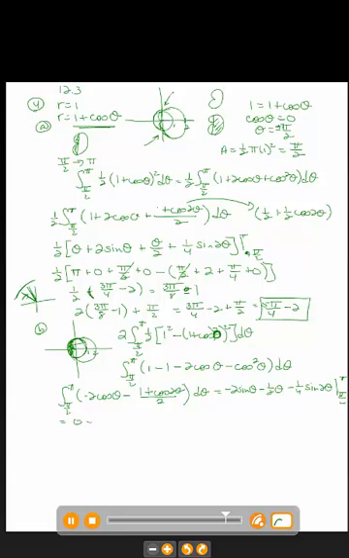The second one is negative pi over 2. The third one is 0. Putting in pi over 2, I get negative 2 minus pi over 4, and that one's 0 as well. So I get 2 minus pi over 4, and that's my area.